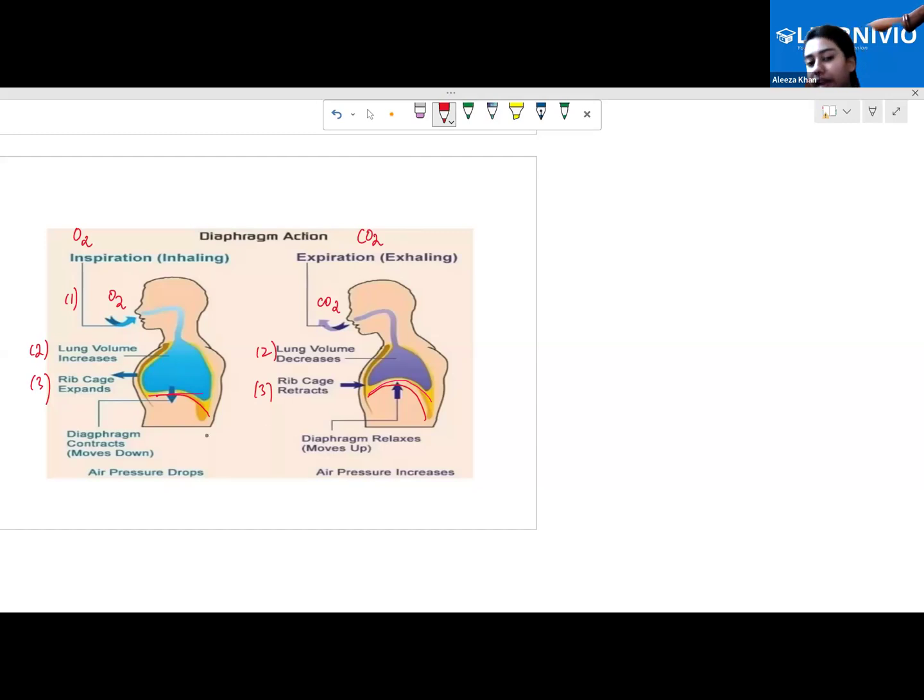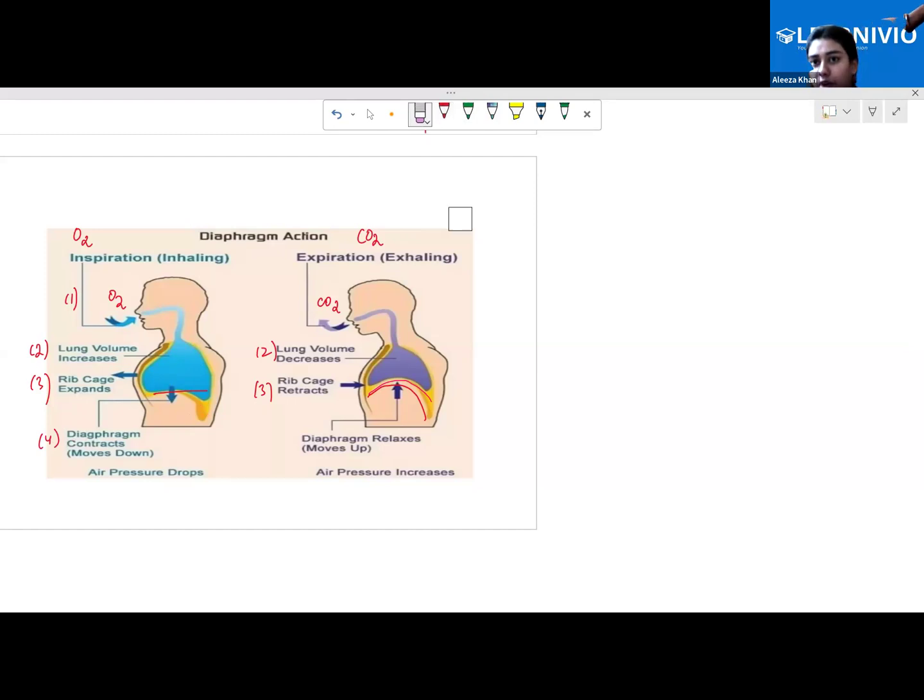Whenever you are inhaling, if you observe this diagram, Shreya, it is becoming flattened. That means your diaphragm is contracting in the case of inhalation.